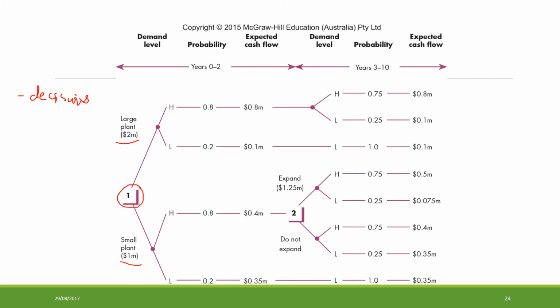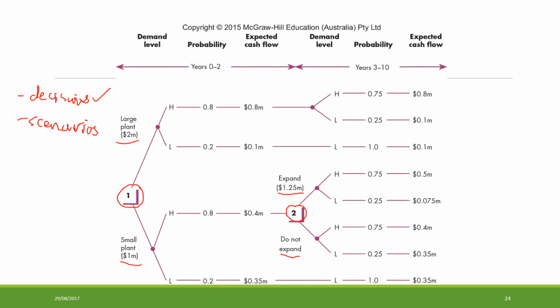If I decide to go for the small plant, in 2 years' time, I then have to decide to either expand the plant or not expand the plant. So we work out how many decisions are involved. We next have to work out the scenarios.